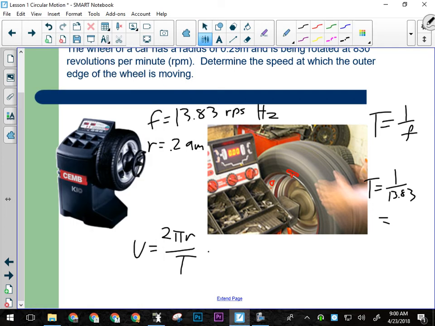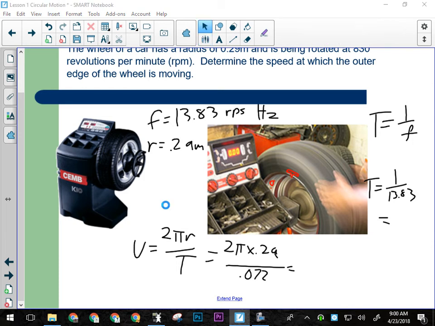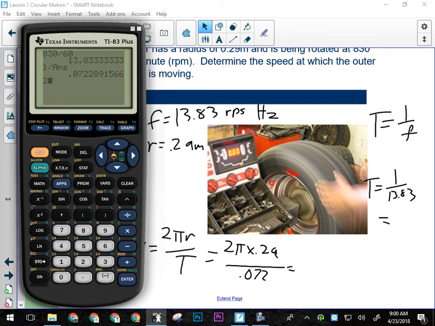So I'm going to plug in my numbers. 2 times pi times 0.29 meters, that was the radius they gave me, divided by the period, which we just calculated as 0.072. We'll use all the decimals that we got there. So we have 2 times pi, and pi is right here, times 0.29 divided by 0.07.